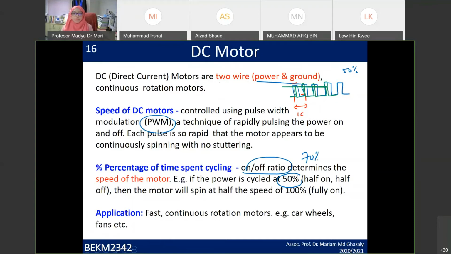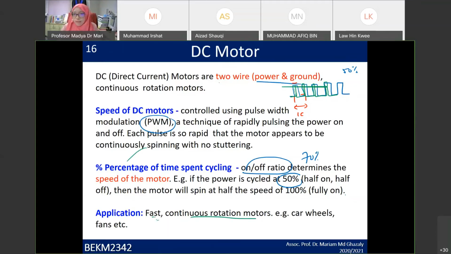You can go through and test it out. If you have an Arduino and a motor, you can simply test it out by switching the input to the DC motor. So where is the application? You can use it in a continuous motor.